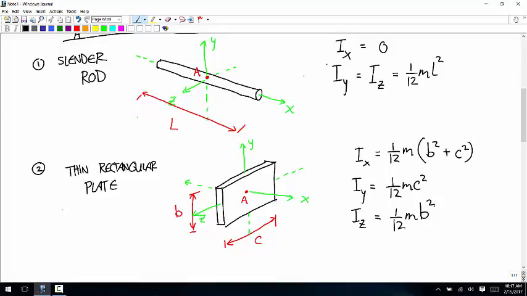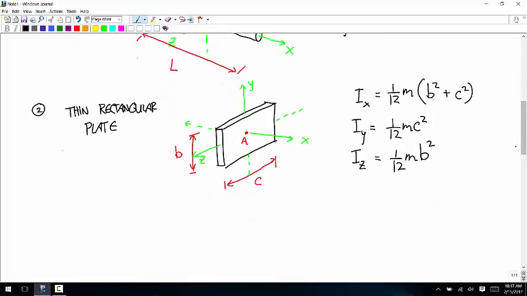That doesn't affect the rotation in that plane. And so that's why these two look like the formula for the slender rod. The x-axis is different, though. So for this one, think blade or paddle.